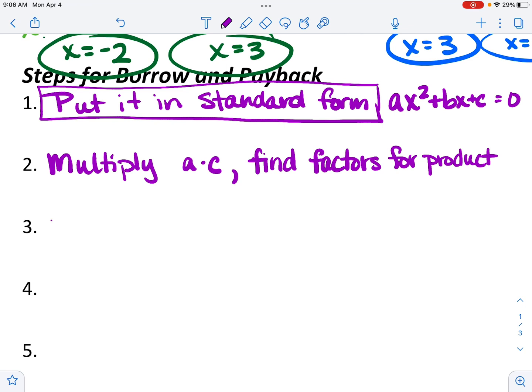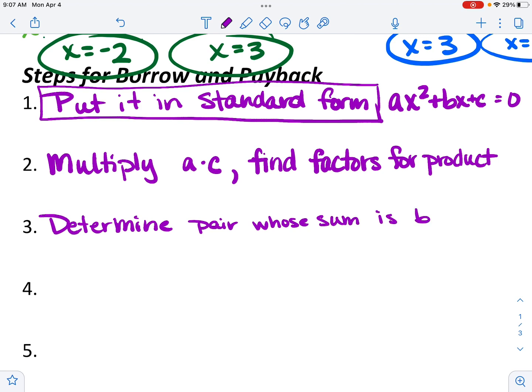Then you are going to determine which is your magic pair that adds up to find our B. So really, the first 3 steps are the same, except for we have to multiply A times C first.